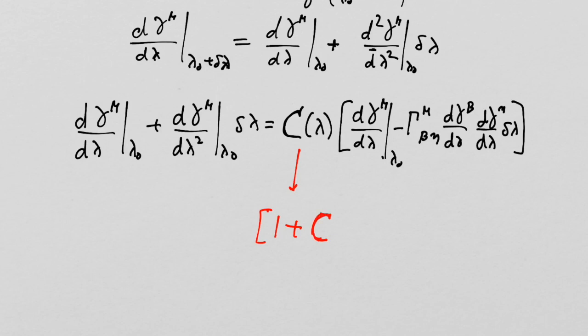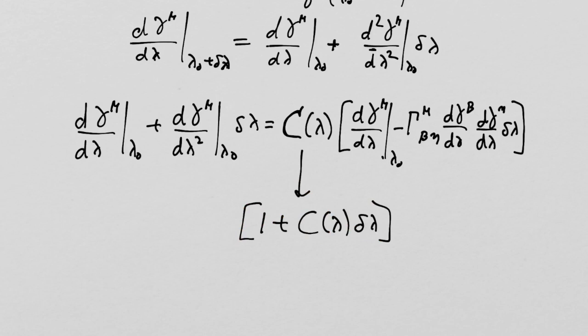This is a different c, some constant c delta lambda. If I replace this constant with a constant of this form, 1 plus c lambda times delta lambda, then in the delta lambda equals 0 limit, this term will always go away, leaving 1 behind, which is exactly what we need. So that equals that.